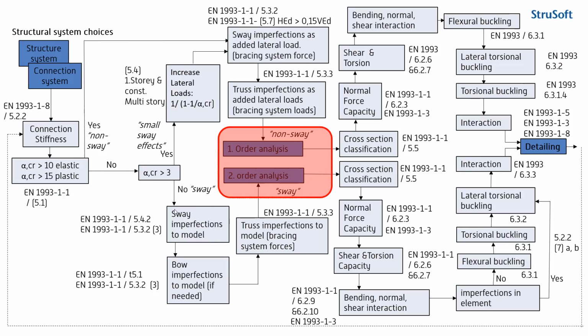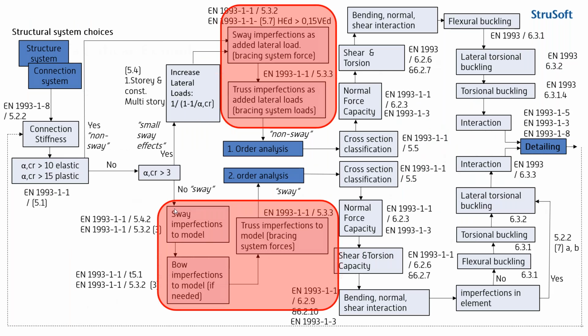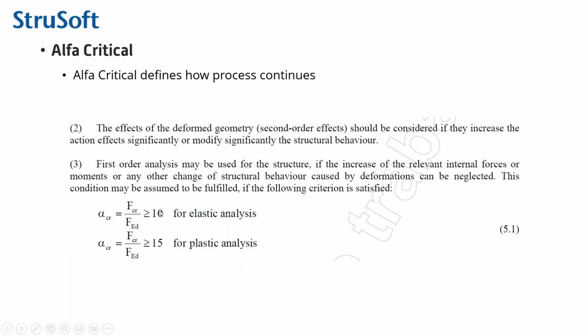So many slides, it's difficult to find. Here, yeah. So first you calculate your alpha critical. If it goes above 10, it means that you can use elastic theory. Sorry, if you calculate the capacity of your columns and beams, like your main frame columns, with the elastic theory, it has to be over 10.